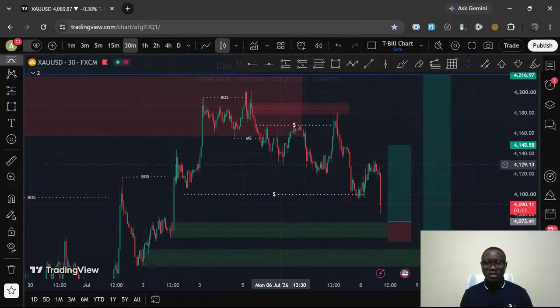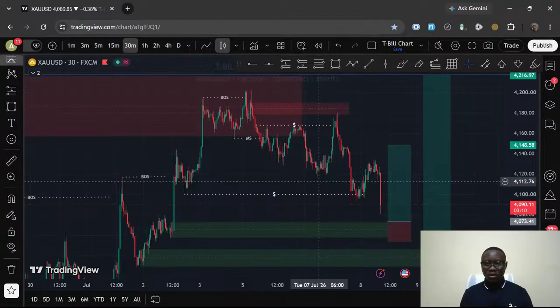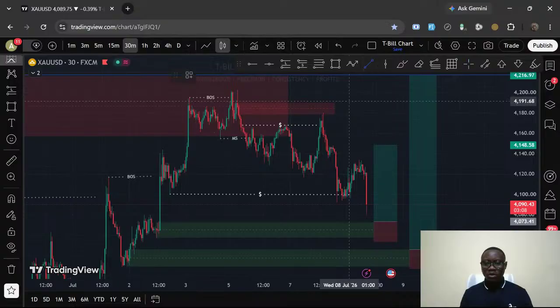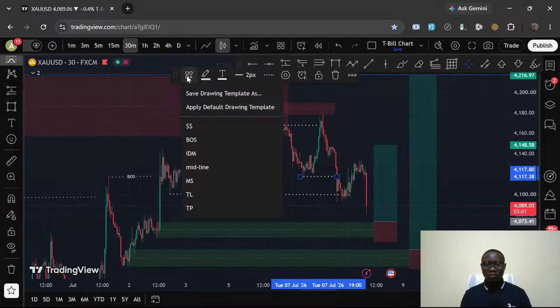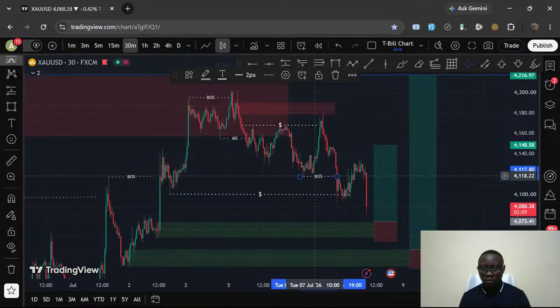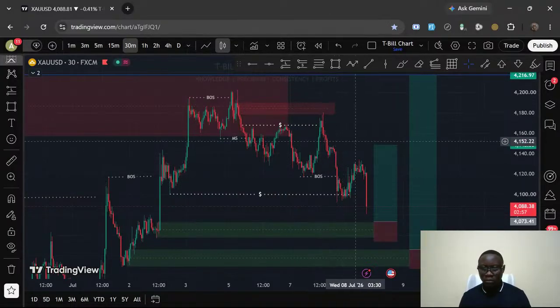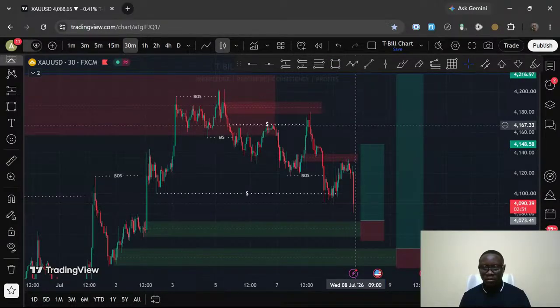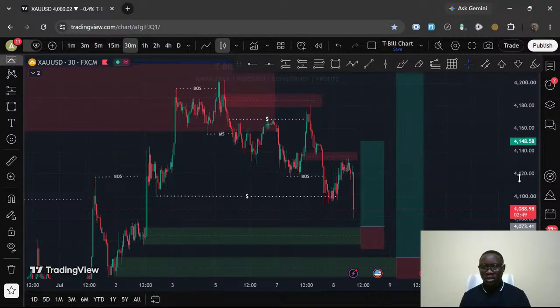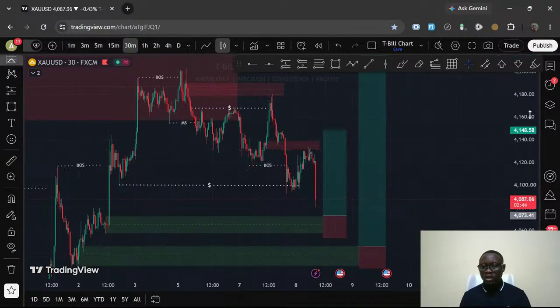And after that, we got this break of structure to the downside, break of structure. And price tapped into this breaker block right here and started selling.